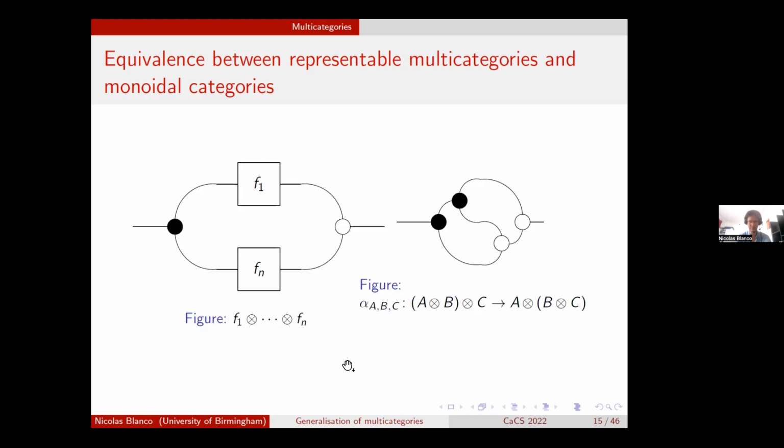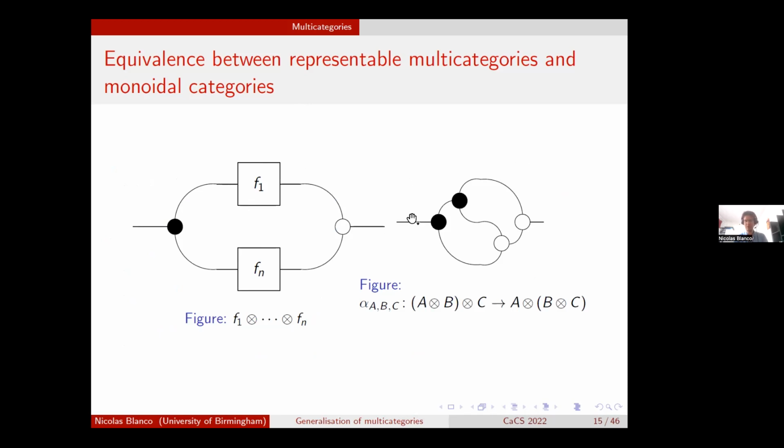But if you look at it graphically, it kind of makes sense. The idea is that I'm starting from the tensor product of the inputs, and I'm eliminating this tensor product to get all these inputs, A1 through An. Then I'm using my maps to get the outputs B1 through Bm, and then I'm introducing the tensor product again.